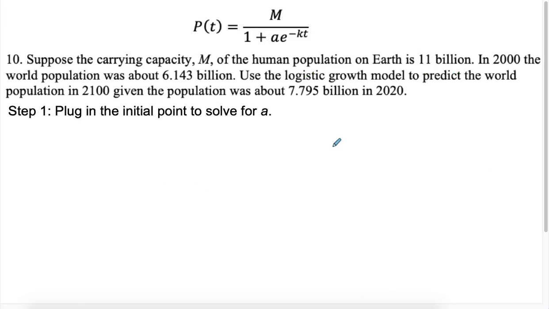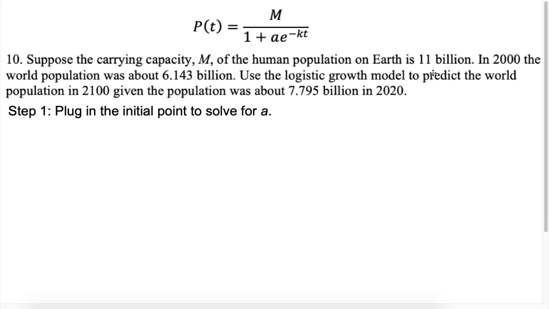Okay, now I set up an actual model here, right? So I actually researched this, and these are actual numbers for the world population. So this number, the carrying capacity of the human population on Earth, is definitely debated amongst lots of scientists, but usually they come up with somewhere between 8 and 12 billion.